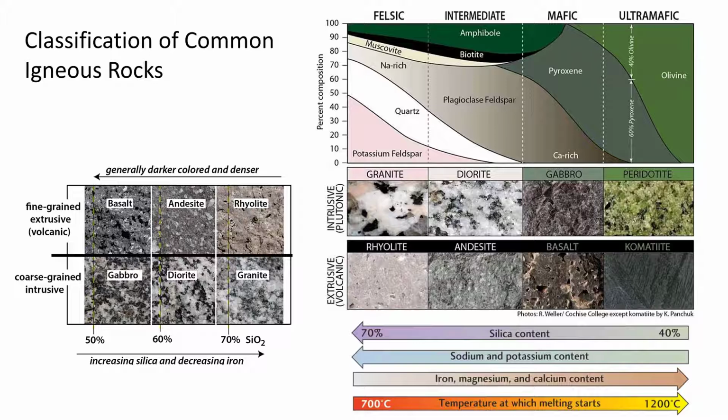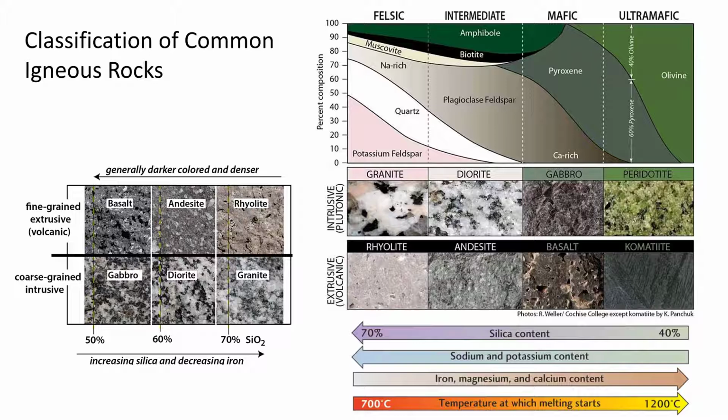In general, with this diagram, as we move toward the felsic rocks, we have silica content increasing. We have sodium and potassium content increasing. We have a reduction of iron, magnesium, and calcium, and the temperature at which melting starts decreases, and that corresponds to the relatively high amount of silica that's present in these rocks.